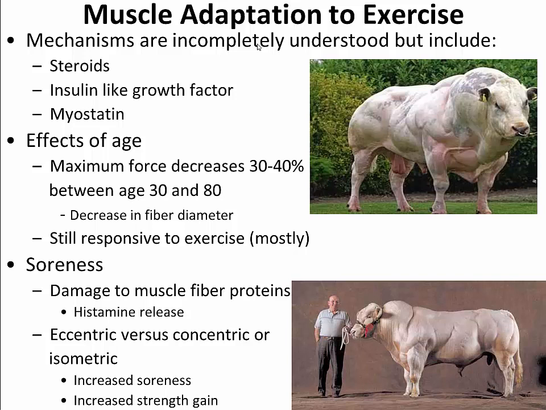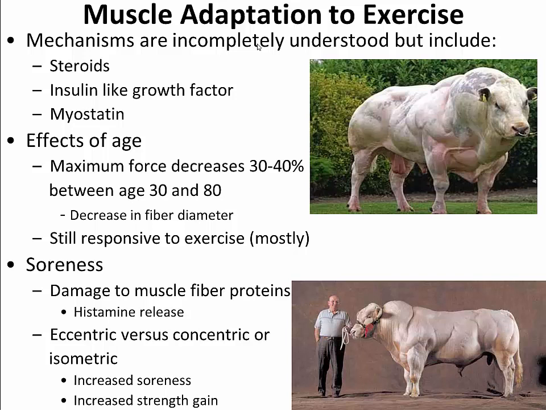All right, so what we see is that the mechanisms by which muscles increase in size are incompletely understood, but the three things listed on the screen here certainly play some role. First off, steroids. Androgens certainly play a role in muscle development, no question about that.